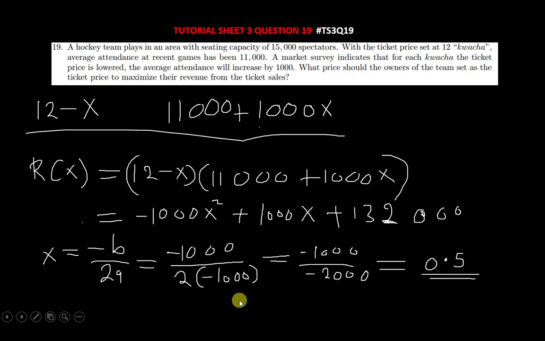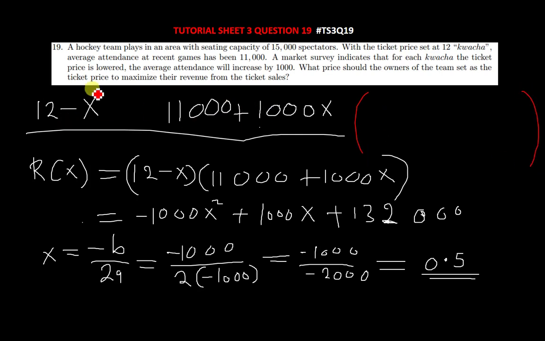The question is telling us to find the price that the owners should put to maximize the revenue from the ticket sales. So this one is simple.